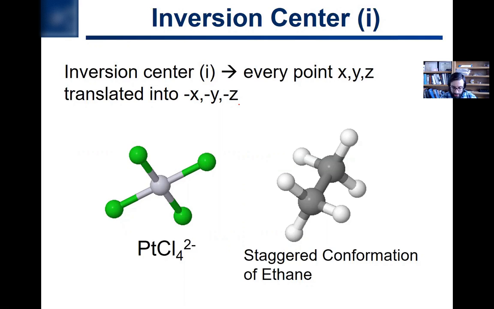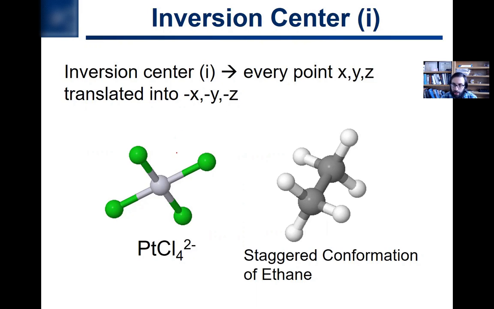So all the top points, the z points, will go to the bottom, negative z. All the right points, maybe we call them x, will go to left points, negative x. All the points in front, maybe you call that y, will go to negative y in the back. So something at the top left in the front will go to the bottom right and in the back.